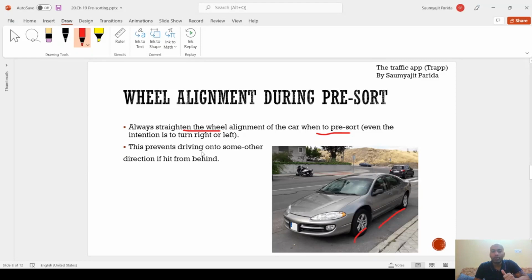This prevents driving onto some other direction if hit from behind. Suppose unfortunately some other car strikes my car from behind, then I am pushed forward. At least I am not going here and there or somewhere else. I am going straight. So scientifically, that is the reason why the wheel alignment should be straight.